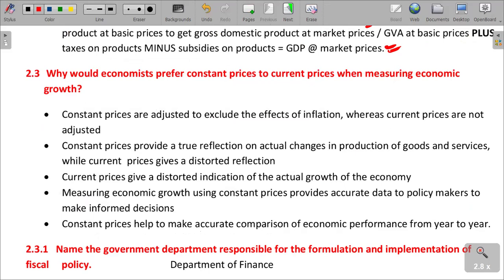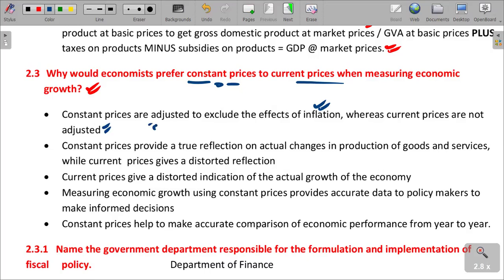Why would economists prefer constant prices to current prices when measuring economic growth? Economists prefer constant prices to current prices when measuring economic growth. Constant prices are adjusted to exclude the effects of inflation, whereas current prices are not adjusted.